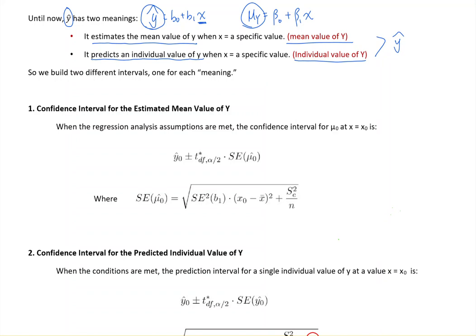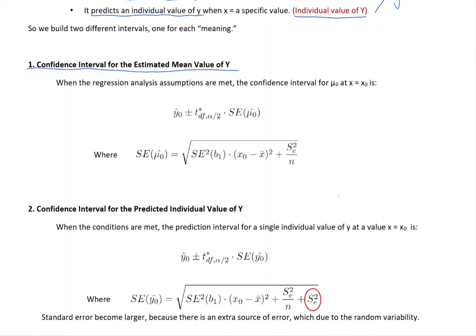First, we will talk about how to get the confidence interval for the estimated mean value of y. Actually the idea is the same. You use the estimate plus or minus the critical value times the standard error. So in this formula, what is y0 hat?